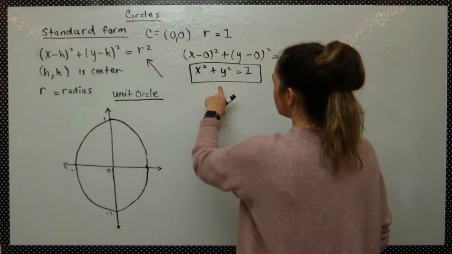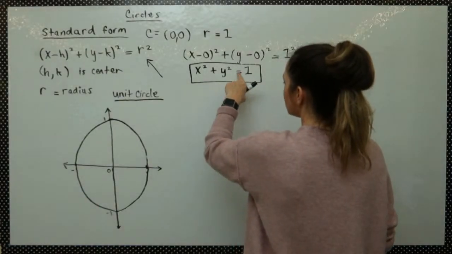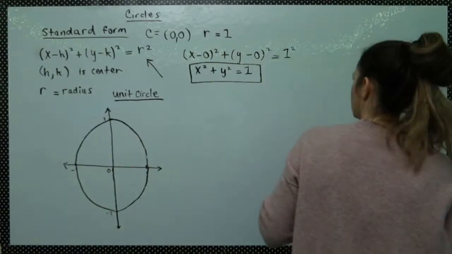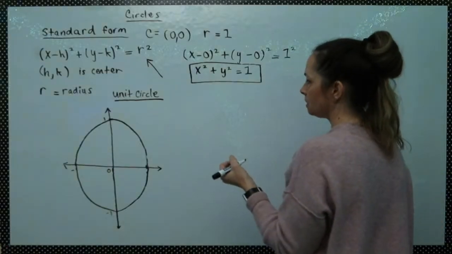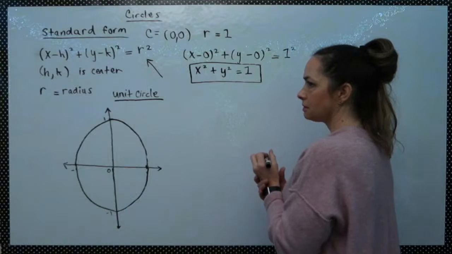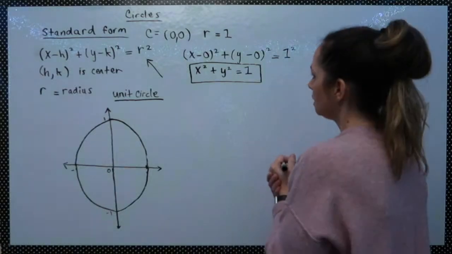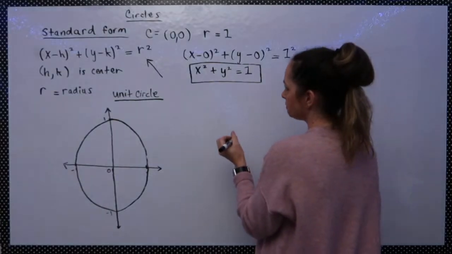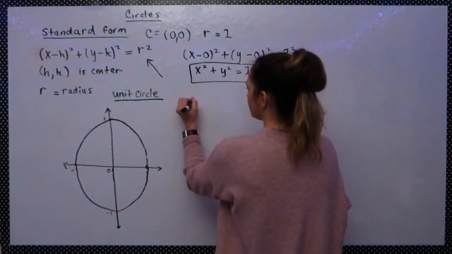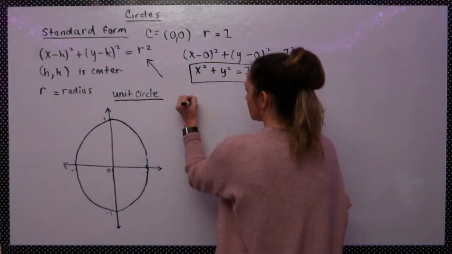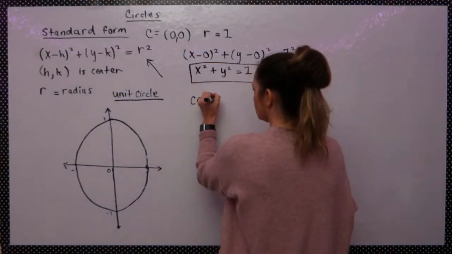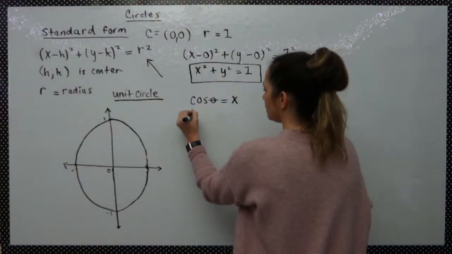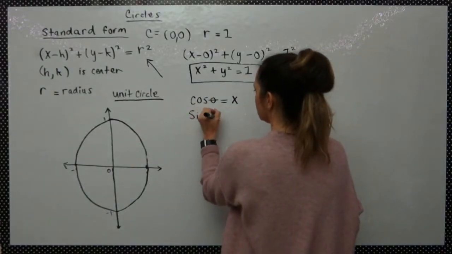What they've done is x squared plus y squared equals 1. They've taken the Pythagorean identity, and they found that cosine theta equals x, and sine theta equals y.